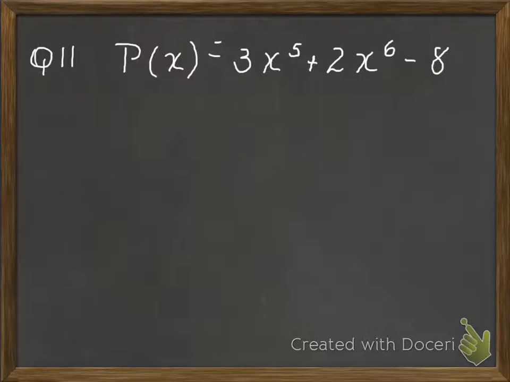And part A says find the value of p of 0. Okay, to find the value of p of 0, all the x's are replaced by 0.